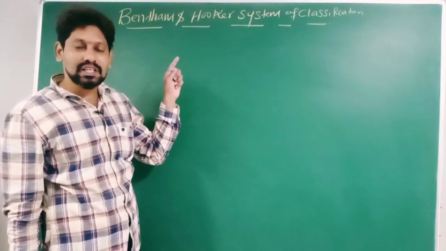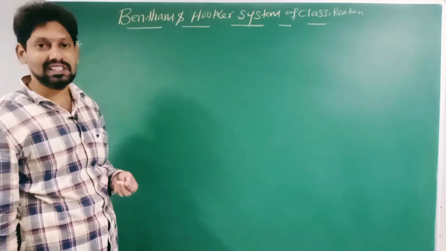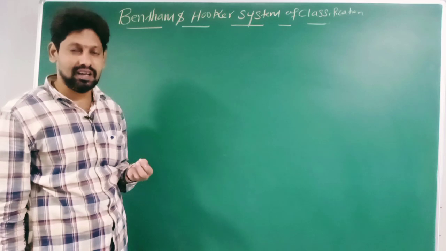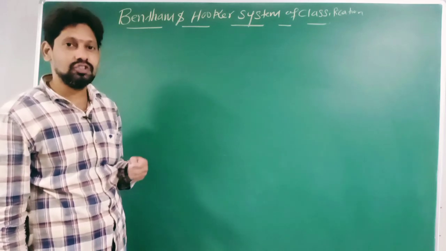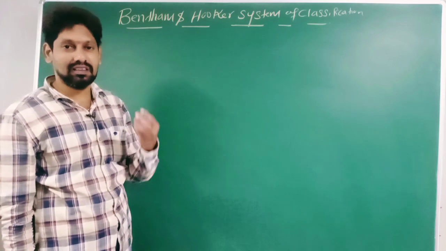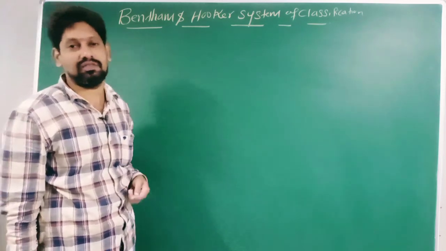They classified flowering plants into three classes. What are they, sir? Dicotyledonae, Gymnospermae, Monocotyledonae. These are the three classes according to the Bentham and Hooker system of classification.